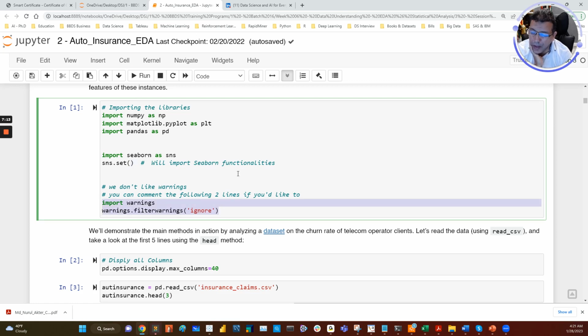And we are always going to have compatibility issues. These compatibility issues are going to throw some warnings, which are, of course, space consuming, and sometimes they are a headache.